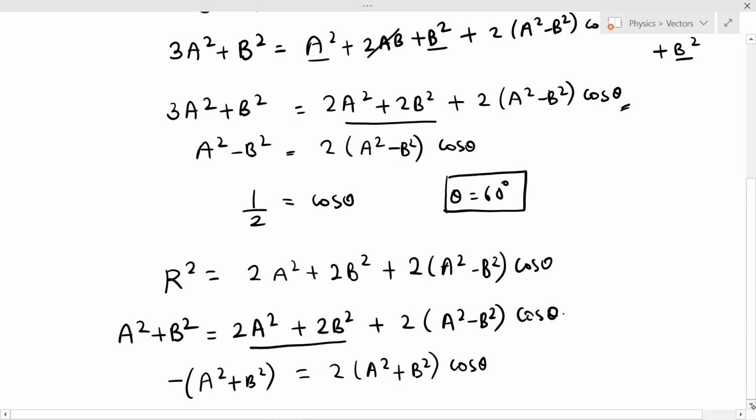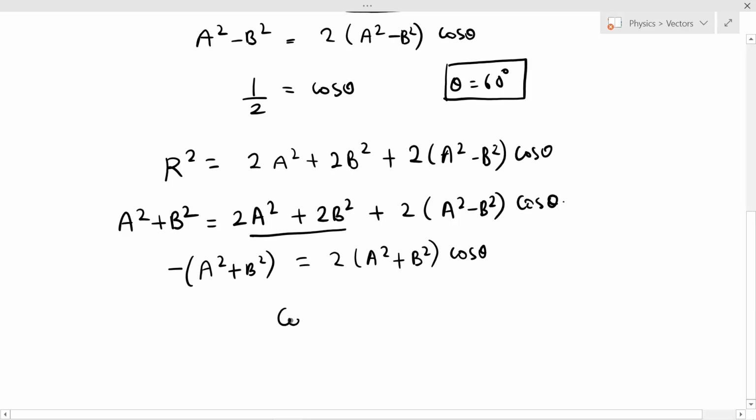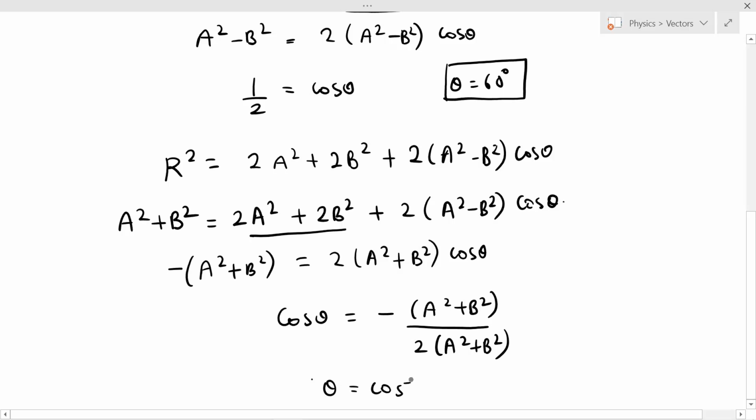So what is cos theta then? Cos theta is minus A square plus B square divided by 2 times A square minus B square. So theta then becomes cos inverse of this.